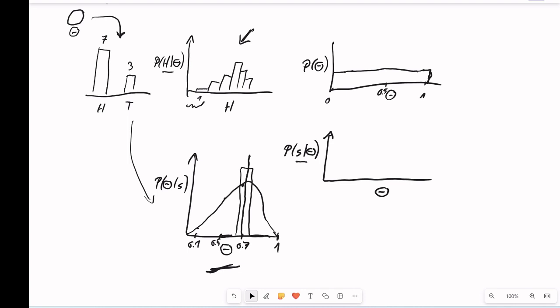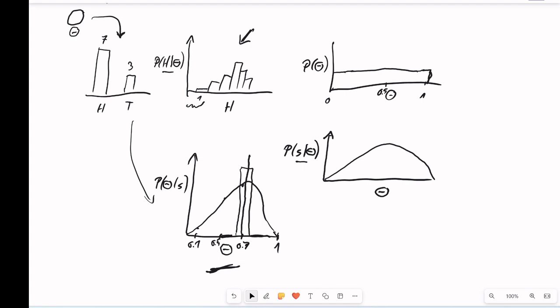So again, we're going to ask what is the probability of this outcome at different parameter values. And this is something that can be easily calculated, and we may end up with a distribution that in this case probably looks something like this. Maybe with the peak a little bit further to the right side.